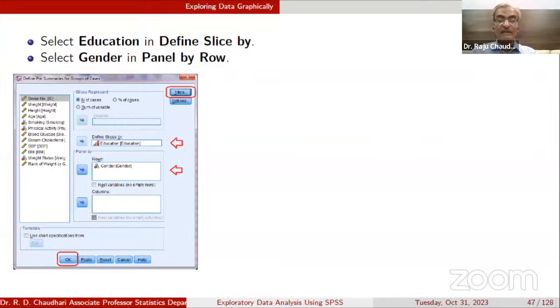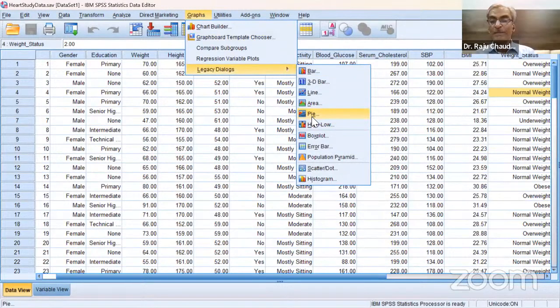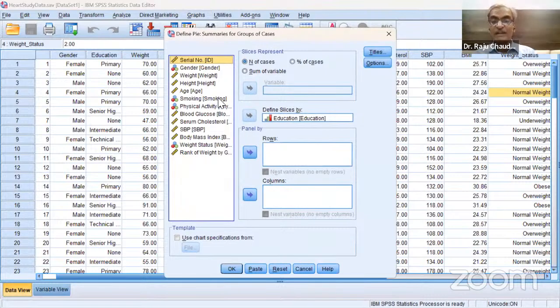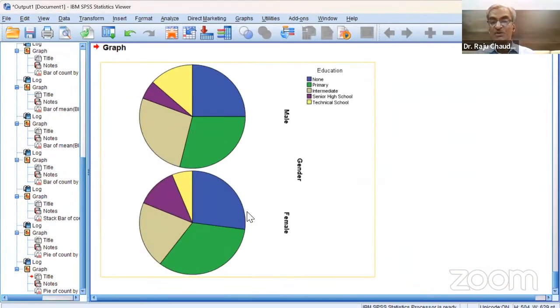Then in the same way we can create a panel pie chart. Again go to legacy, pie, then define. Suppose I want a separate pie chart for male and female according to the education level. So you will get a separate pie chart: this is for male, this is for female.